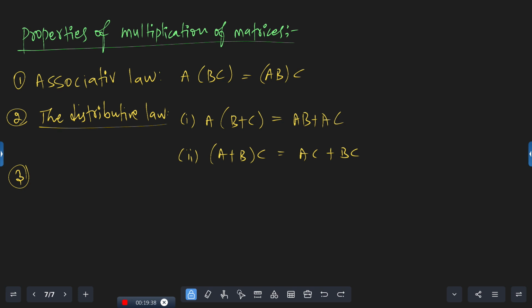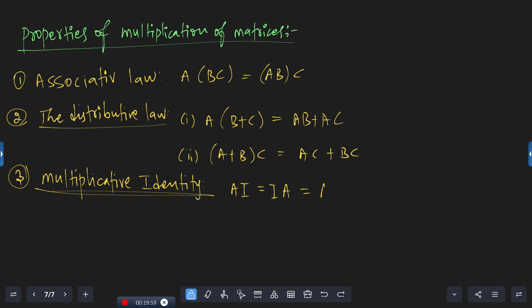Next, the multiplicative identity. Multiplicative identity means AI equals IA equals A, where I is an identity matrix.